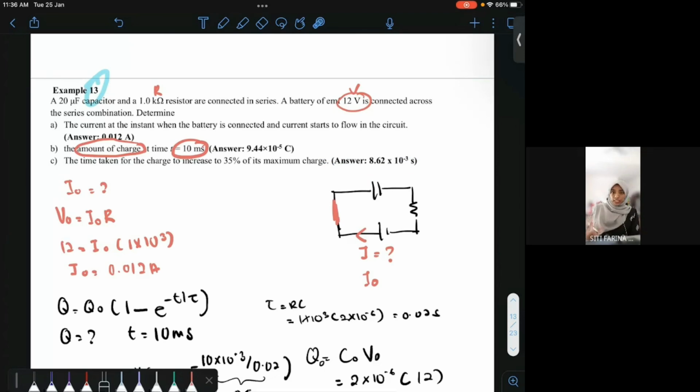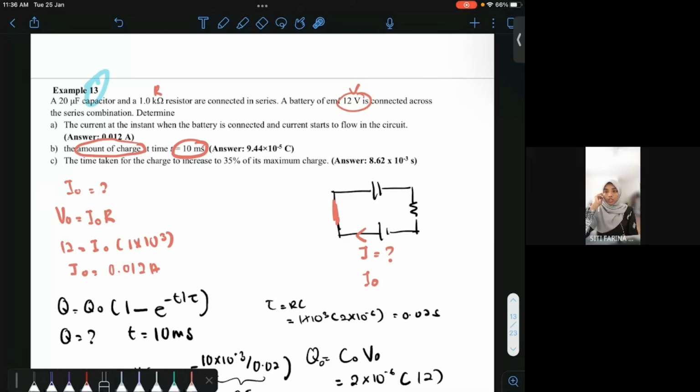Okay, so for charging, discharging, identify dulu dia adalah proses charging ataupun discharging. Okay, and then choose the appropriate equation for charging and discharging respectively. And then you can proceed with the calculator. Bila nak hilangkan eksponen, guna ln kiri kanan. And then kamu akan dapat negatif selalunya lah.